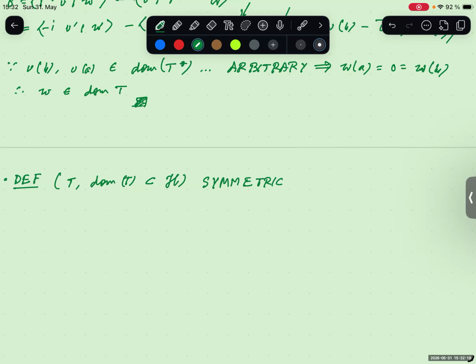That means this is the domain on which the operator is symmetric.